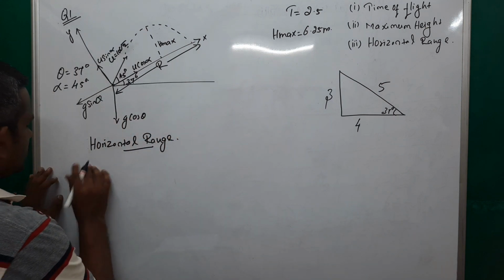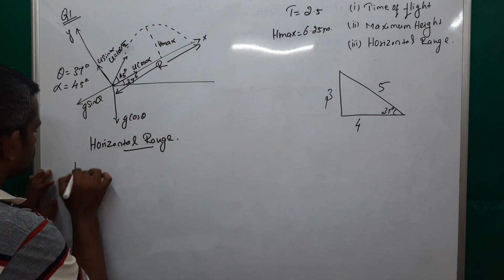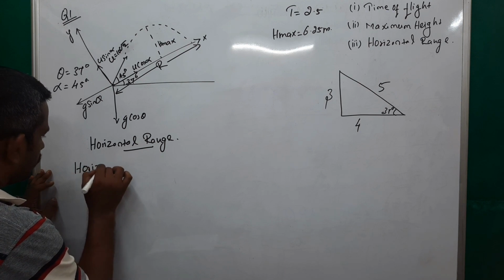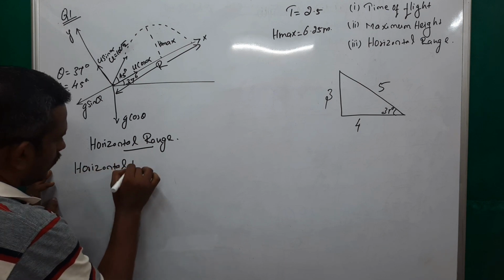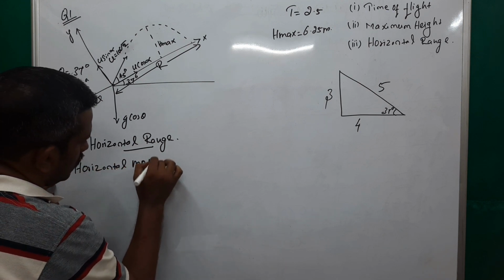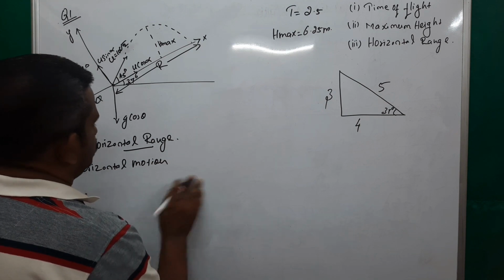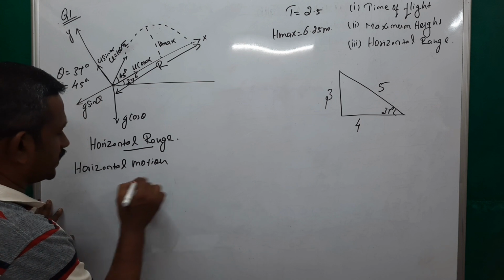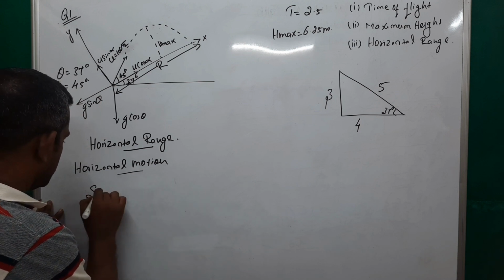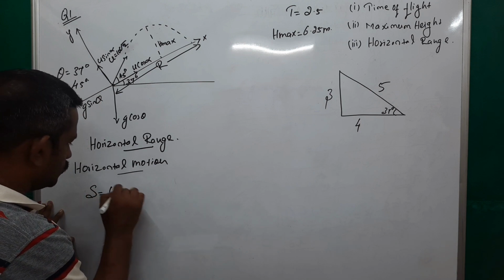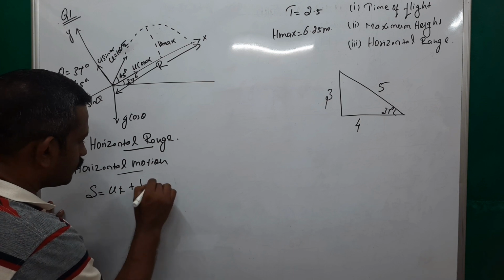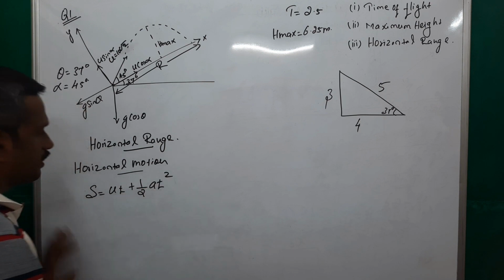So I am considering the horizontal motion of the object, using the kinematic equation S equals ut plus half at square.